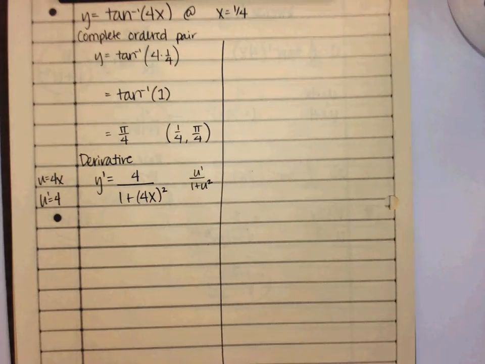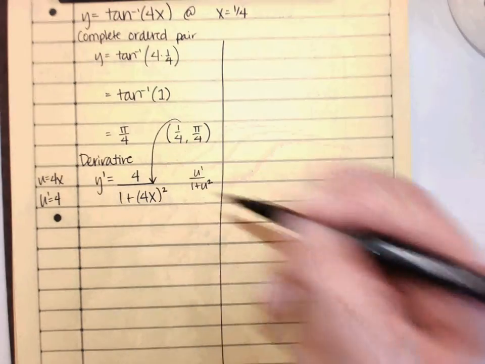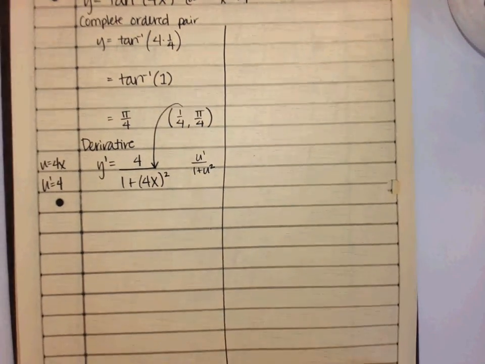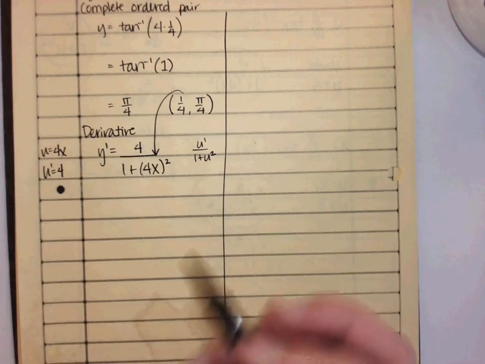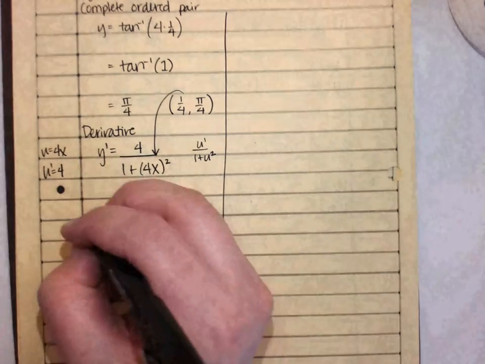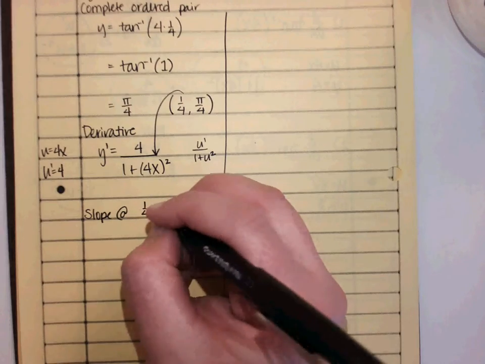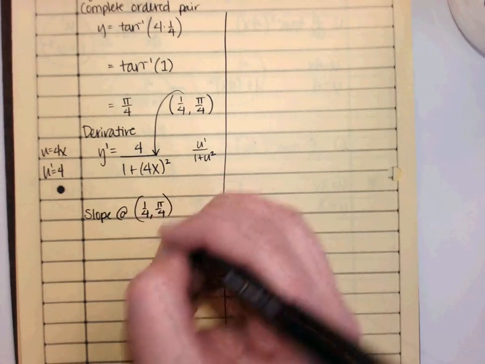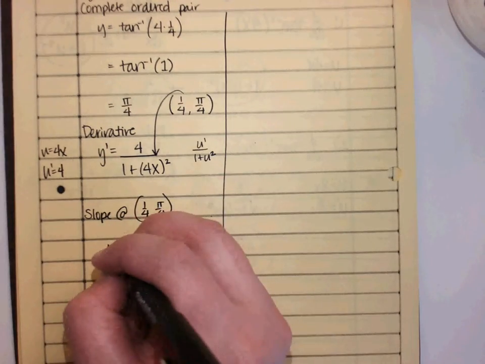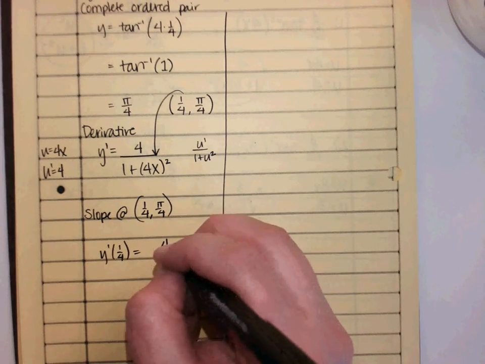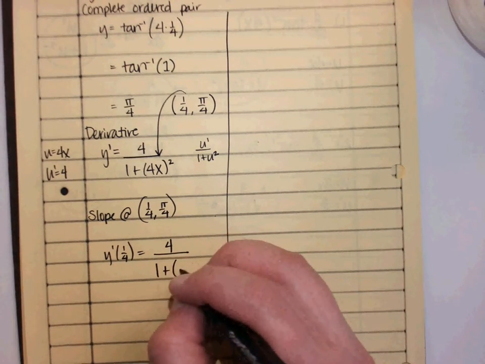Good. Now, what x am I plugging in? A fourth, right? So I'm plugging in my x value, so I found my derivative using my formula. Now I'm finding the slope at the point, a fourth, comma, pi fourths. I'm going to plug that in. And what do I get on the bottom?